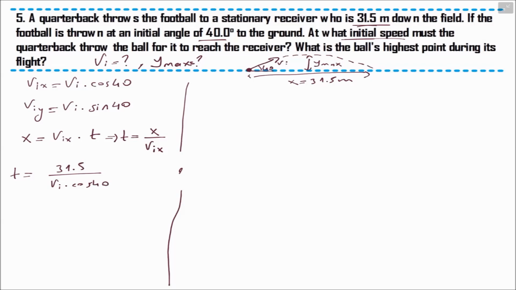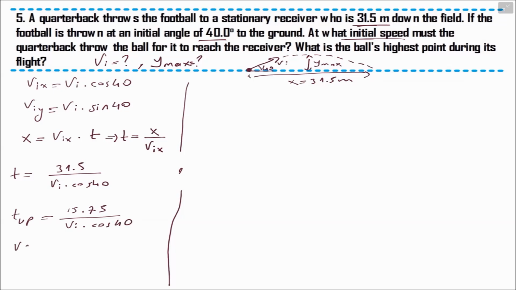And we have to use half of it to find the y, because at the half, Vy equals 0. So half of the time will be the time for the up part. So half of this number will be 15.75 over v initial times cosine 40.